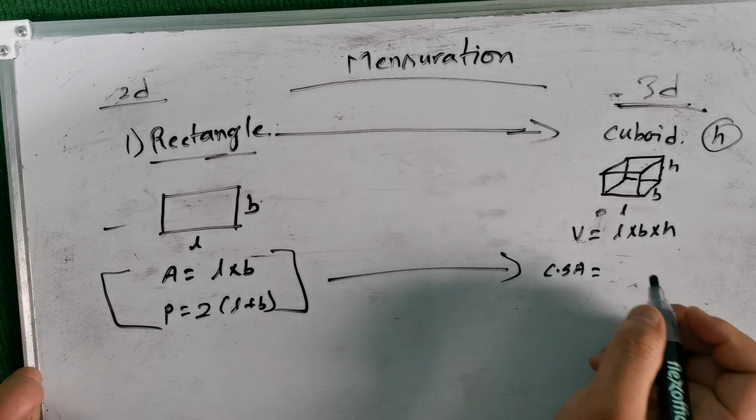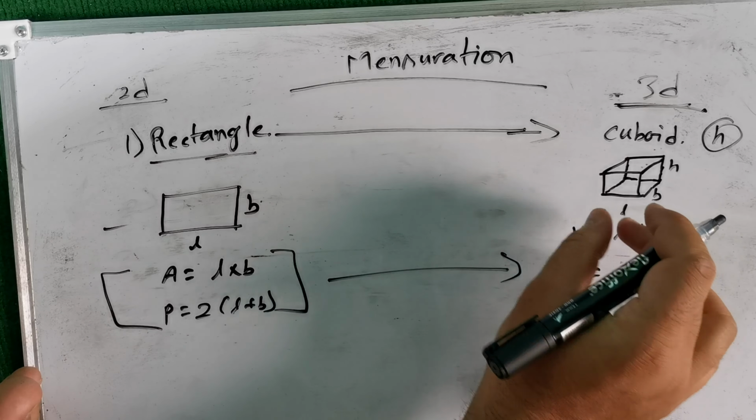Curved surface area means the curved places, not the roof and not the bottom. That means 2 into L plus B into H, curved surface area.